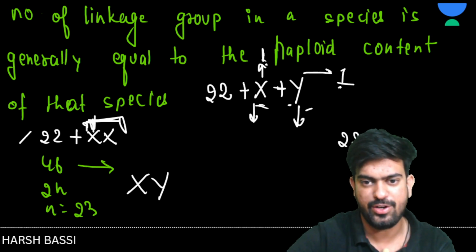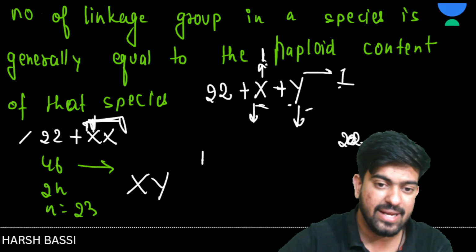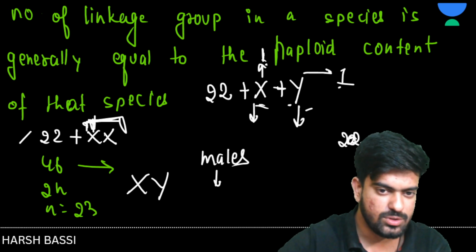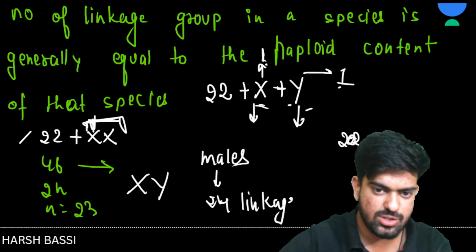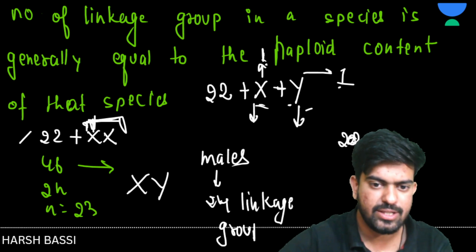So 22, 23, 24. In males, we are going to have 24 linkage groups, because they don't have their pairs.